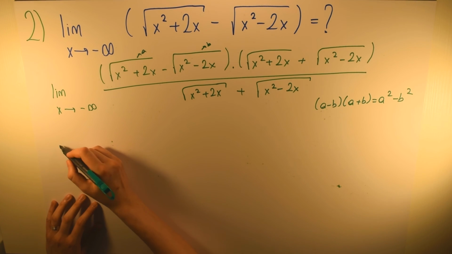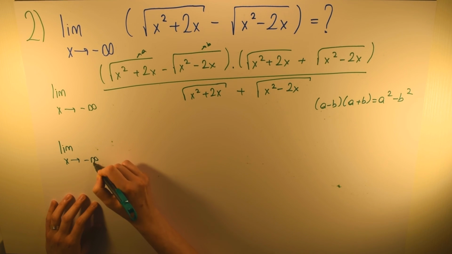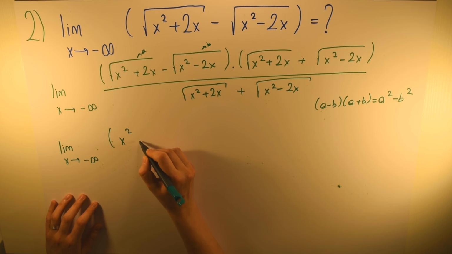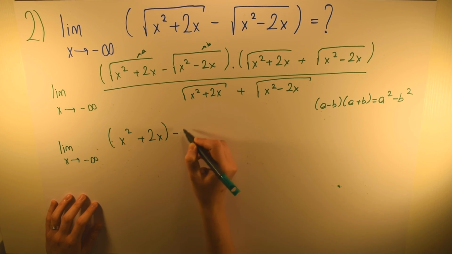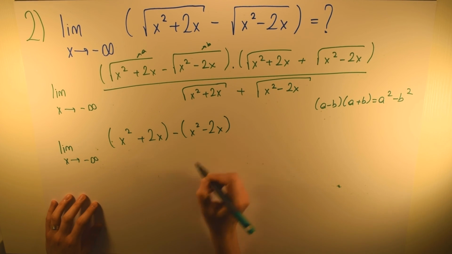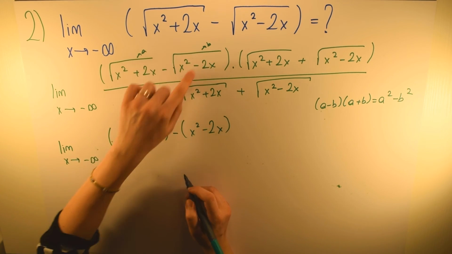So here we have the limit as x approaches minus infinity of x squared plus 2x minus (x squared minus 2x), because these expressions are the a and b values.